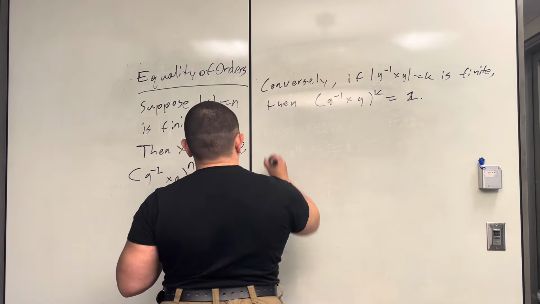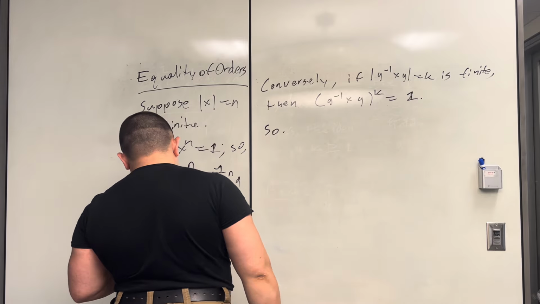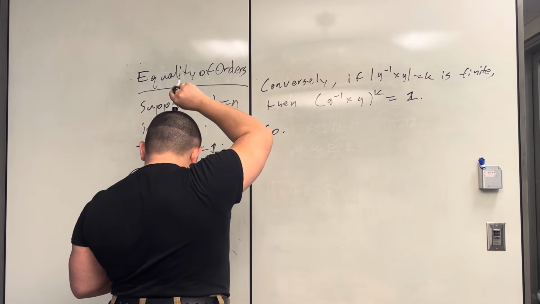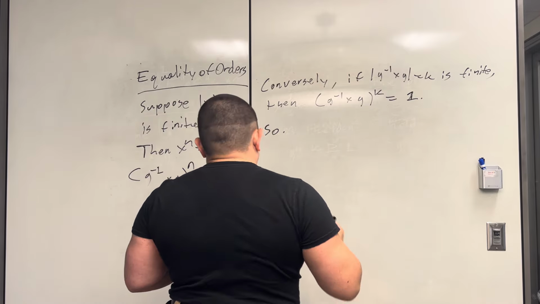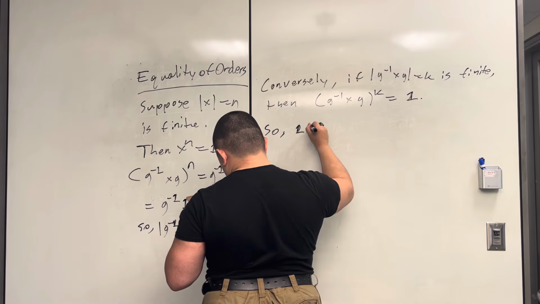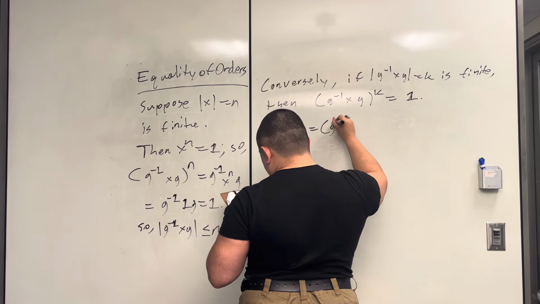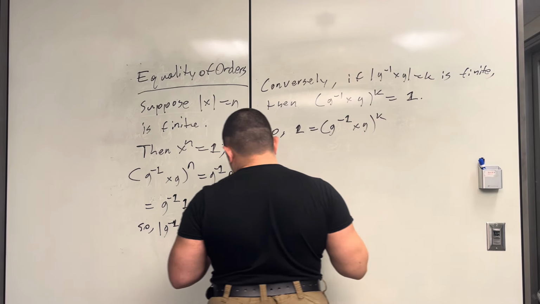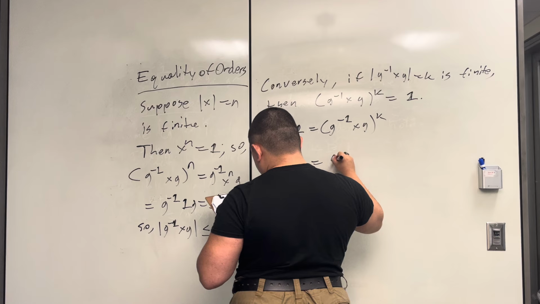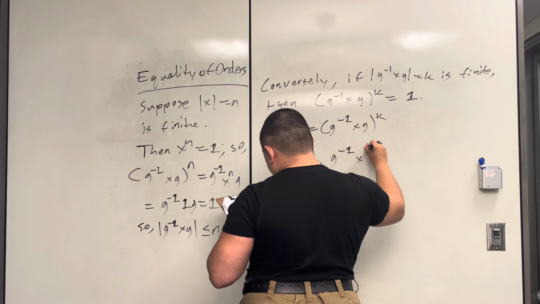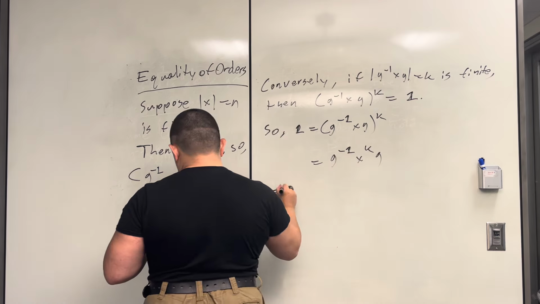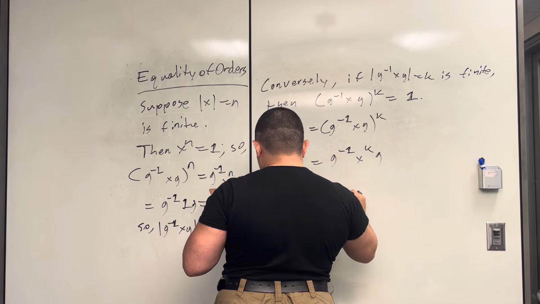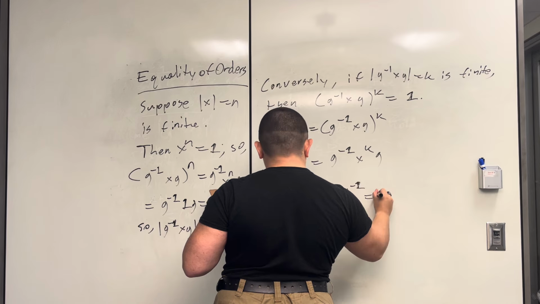So for some k, yeah, we already defined k as belonging to the positive integers. So 1 is equal to (g^(-1) x g)^k, which is equal to g^(-1) x^k g, which implies x^k is equal to g times 1 times g^(-1), which is equal to 1.